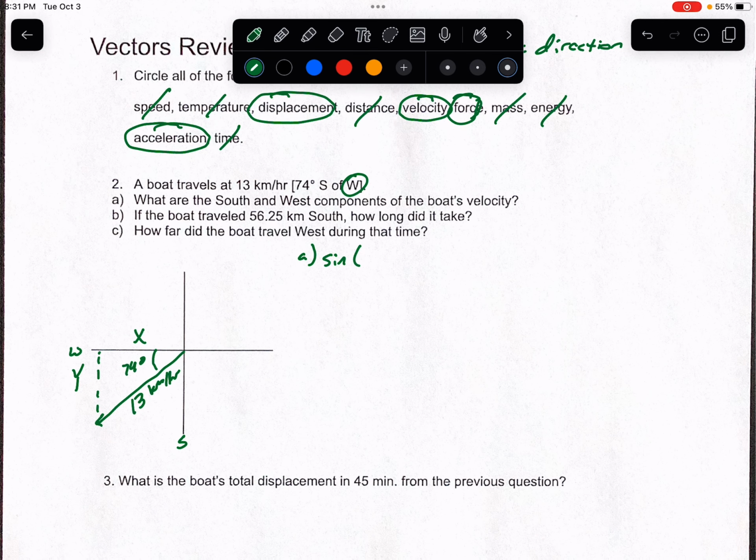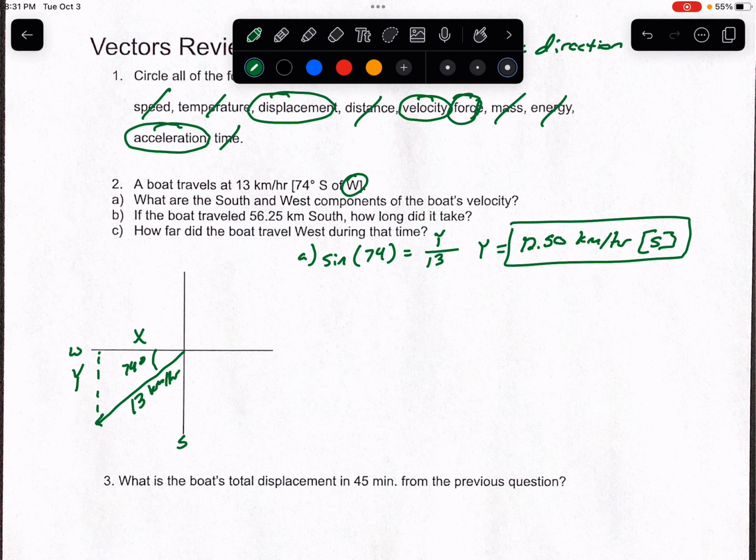So sine of 74 degrees equals y over the hypotenuse, 13. I'm going to multiply both sides by 13. Make sure you are in degree mode. That gives us 12.50 kilometers per hour, and that is going south. It helps keep that direction there so you can see it.